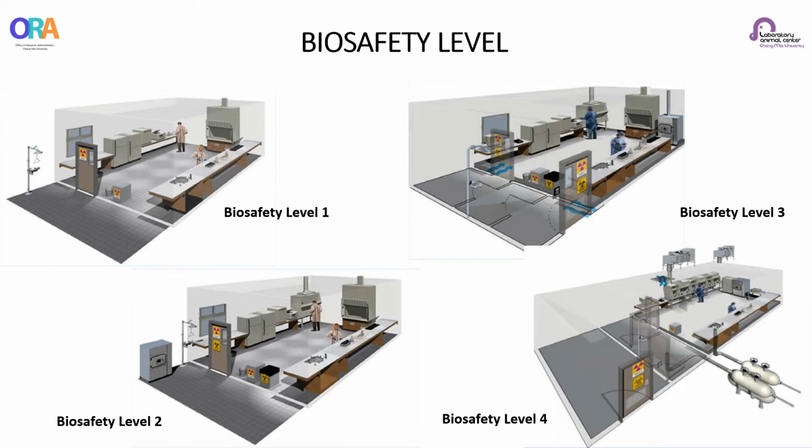The next is level 2. BSL-2 laboratories are used to study a broad spectrum of biological agents and toxins that are associated with causing disease in humans of varying severity. These agents can safely be used on an open bench provided that the potential for generating aerosol and splash is low.